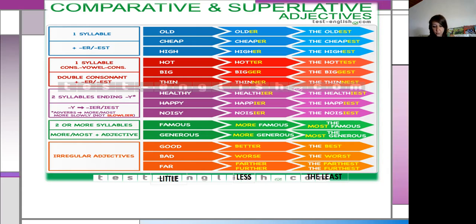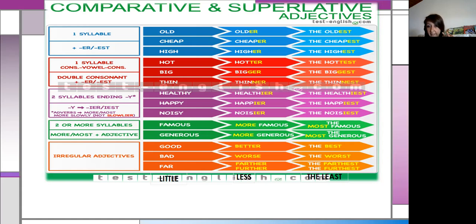Rule 2. When an adjective ends in consonant plus short vowel plus consonant, we normally double the last letter. For example, big, bigger, the biggest.